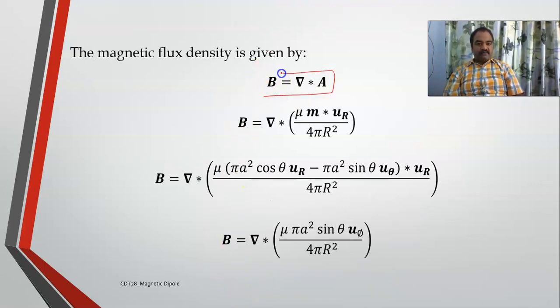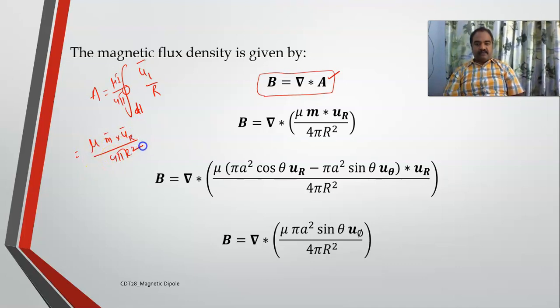B is equal to del cross A, and A we have already taken as mu I by 4 pi. It was mu m cross u r by 4 pi r square. Sorry, this was in spherical coordinates.